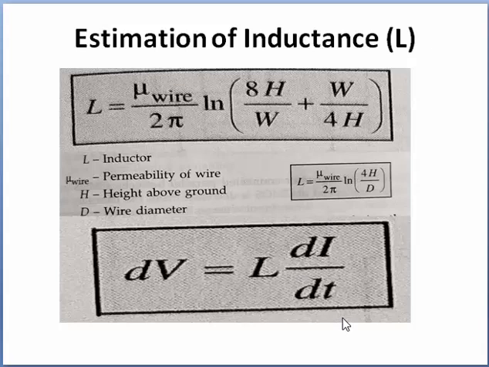So during the design of high speed circuits, power supply connections must keep the level of inductance such that the voltage changes do not affect the chip behavior. So this is all about the estimation of R, C and L. Thank you all.